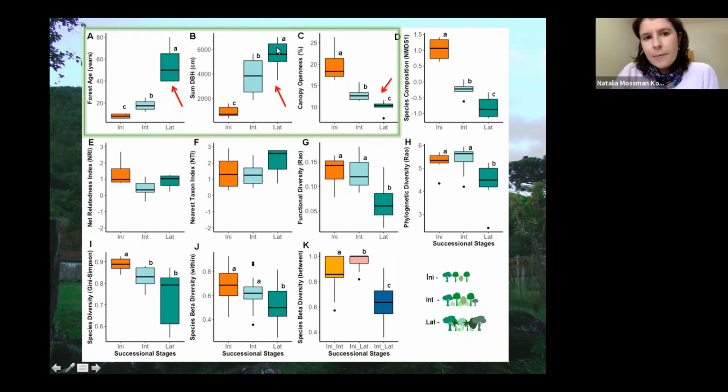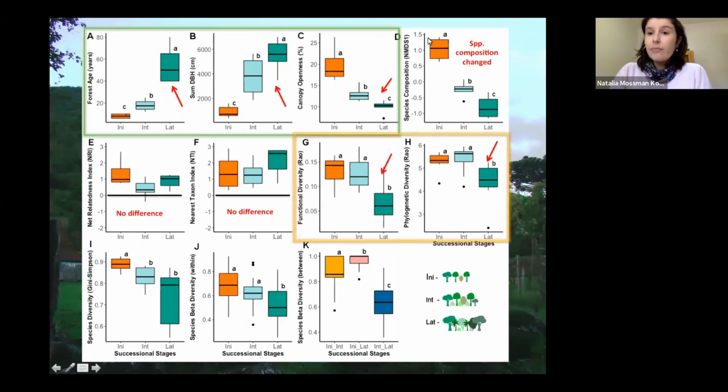So higher trunk basal area and lower canopy openness in the late stages, which reflected in differences in species composition, as I showed in the NMDS. And here I'm just plotting the first axis of this NMDS just to summarize the result.